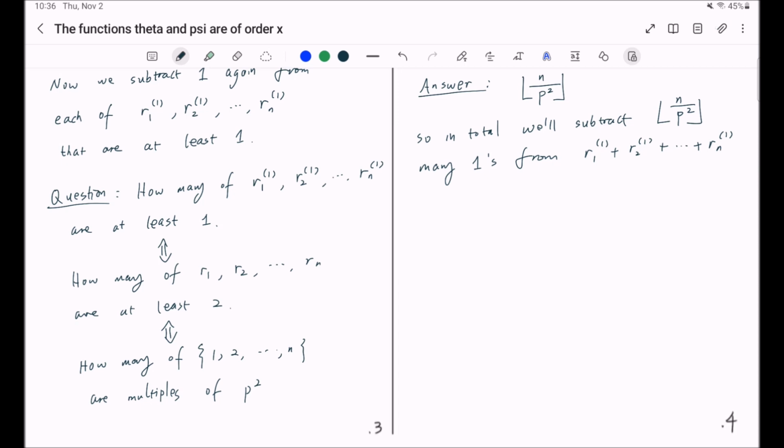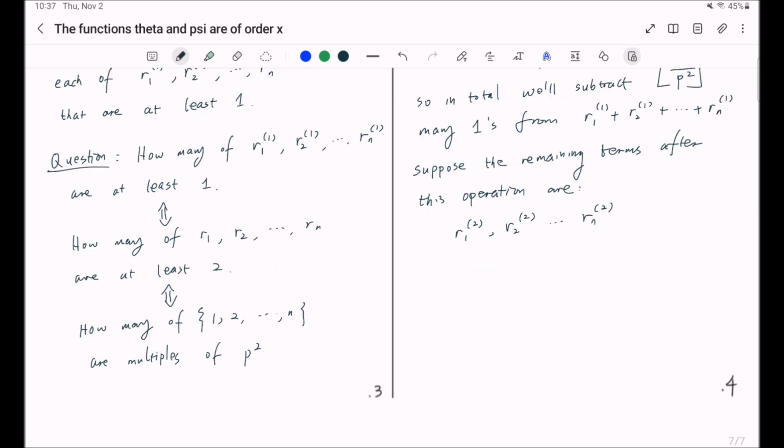And again, suppose the remaining terms after this operation are R1 2, R2 2, all the way to Rn 2, where you can see Rk2 is either equal to Rk1 or Rk1 minus 1, depending on whether this guy is 0 or not.